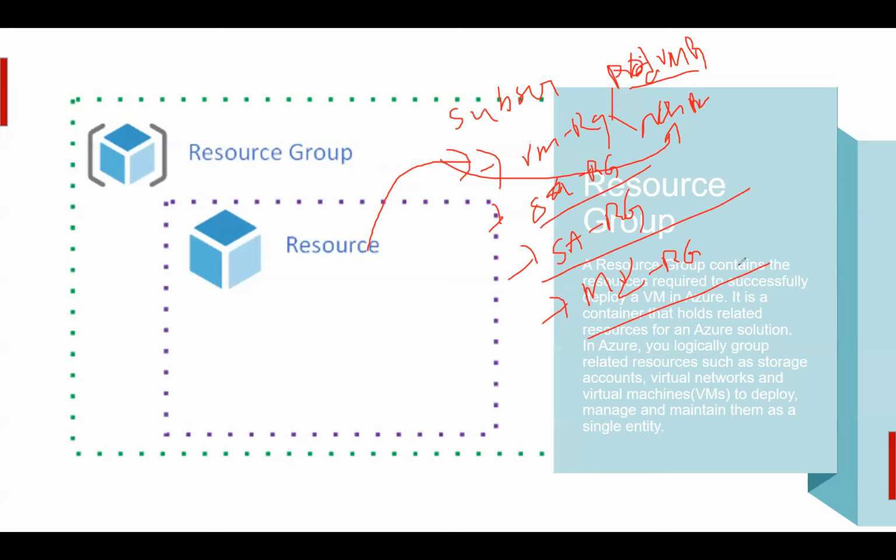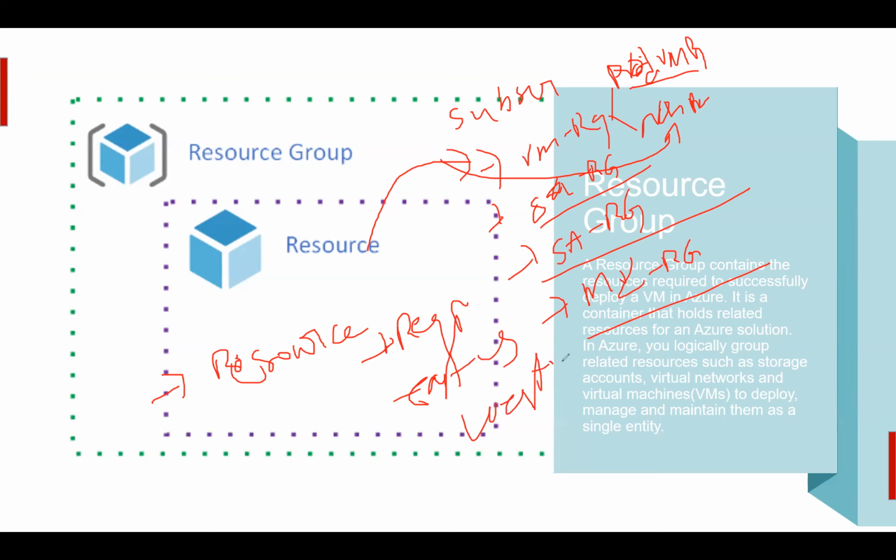But one major thing everyone needs to remember is the location, the region. When you are creating a resource group, you need to select the region, like East US, West US, North Europe, UK, or Southeast Asia.